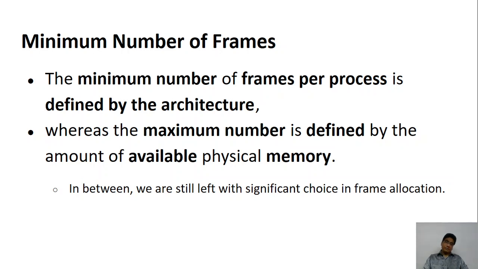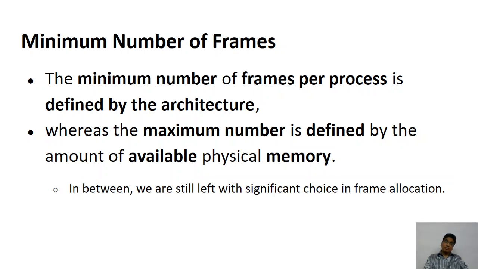By the way, we can always decide what will be the maximum number of frames that can be allotted to a given process. If I ask you that question, think about this. What will be the maximum number of frames that you will allocate to a given process? Can you decide on that answer? The maximum number of frames will always be the total memory. You can't give more than the memory.